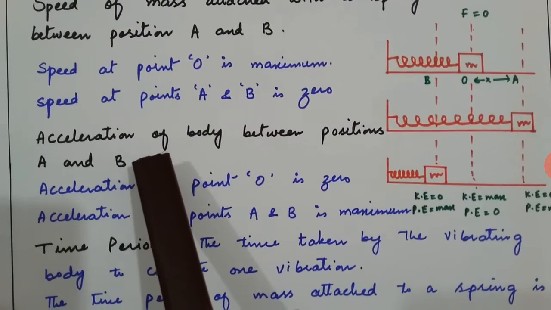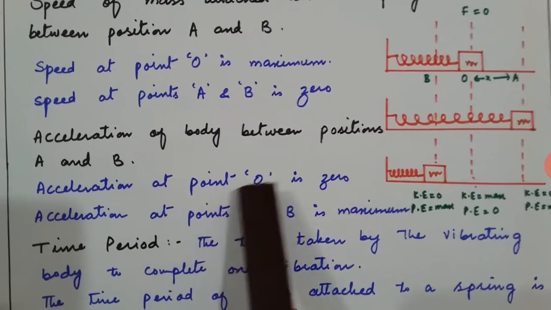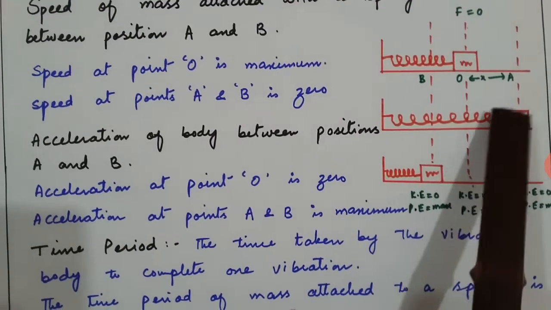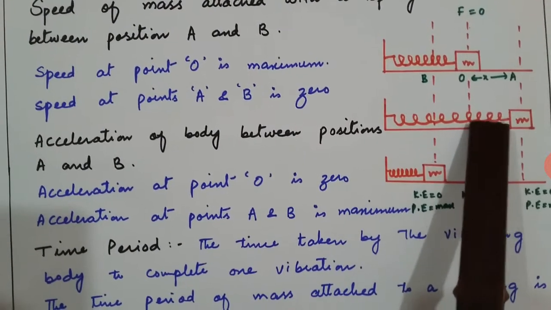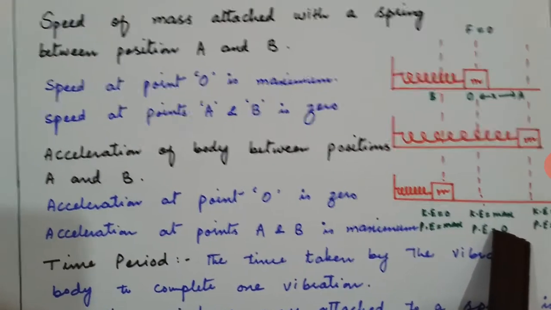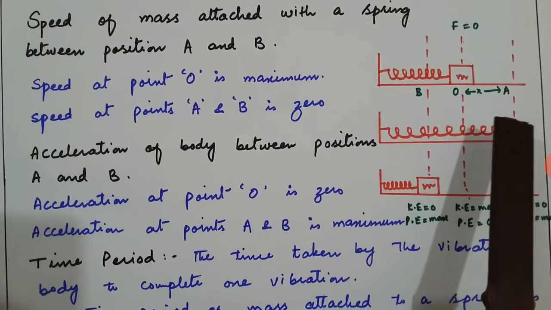Now we discuss acceleration of the body between positions A and B. Acceleration of the body is directly proportional to its displacement from the mean position and is always directed towards the mean position.